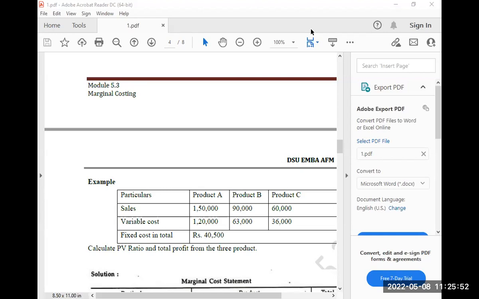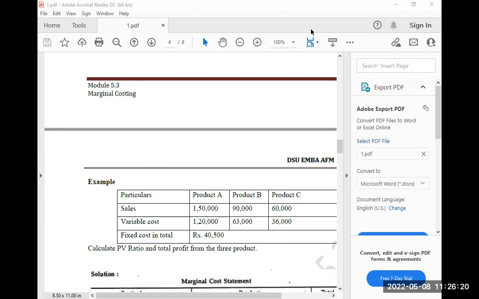PV ratio for product A, product B, product C. First write PV ratio is equal to contribution by sales into 100. Then you write contribution is equal to sales minus variable cost.